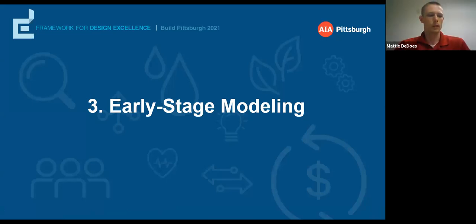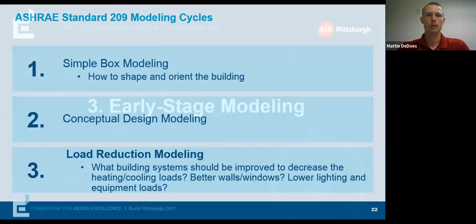So as Joe mentioned, we broke this into our three stages, early stage, mid stage, late stage, and assigned different modeling cycles to that. The early stage is going to happen during pre-design or SD. And at this point, we're asking and answering some very broad questions, not necessarily testing specific options.